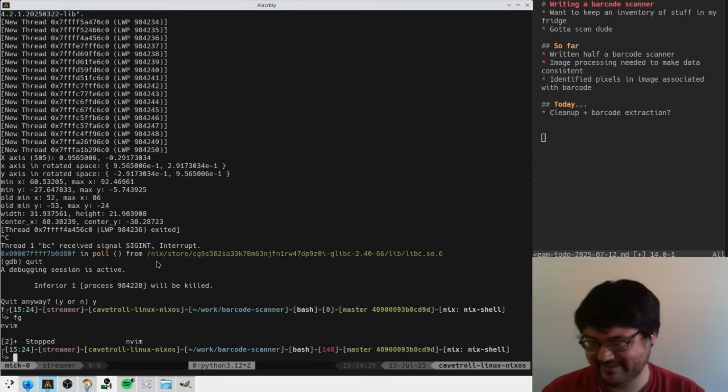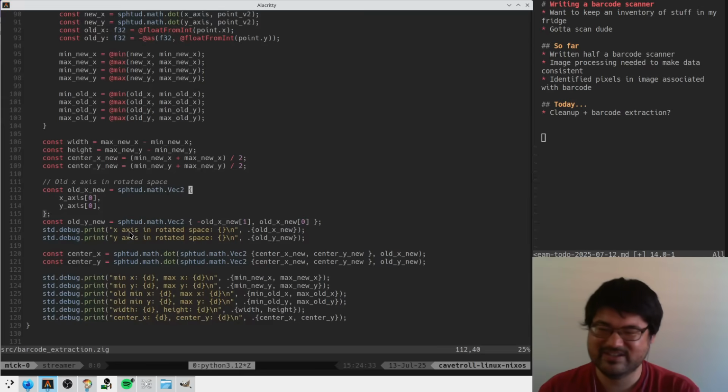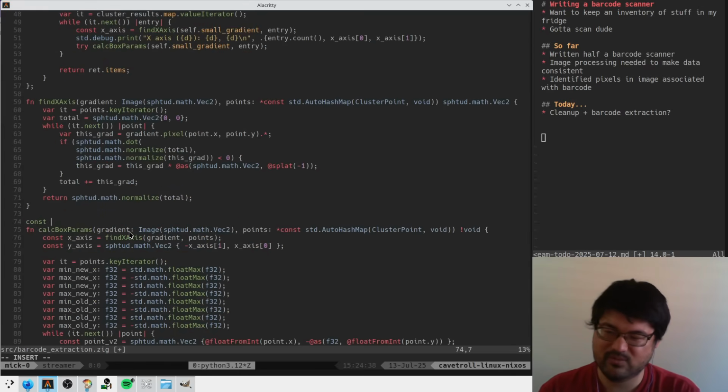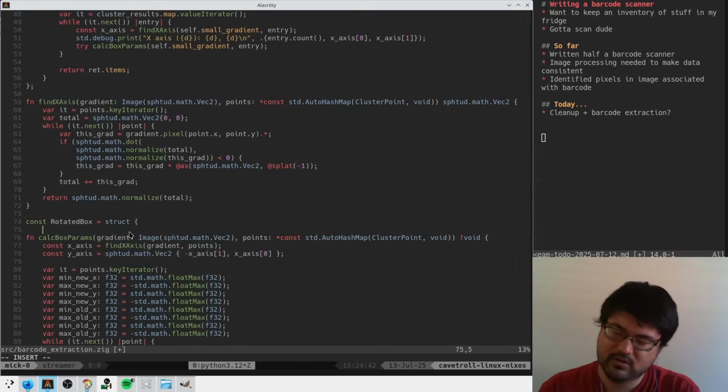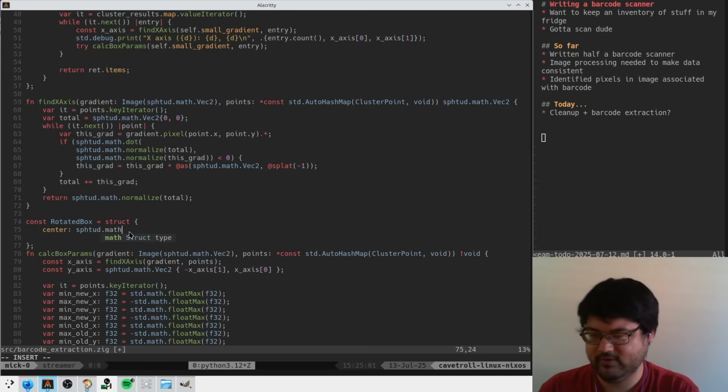So now what? We need to use these numbers to do something. So can we say that a rotated box comes out of this thing? And we have center, which is I guess like a vec2.